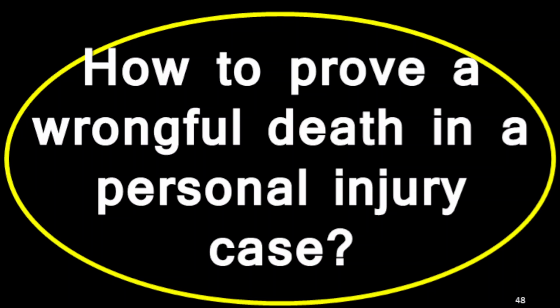Now, the fifth point is prove the damages. In a wrongful death claim, it's important to show the financial and emotional impact the death has had on you and your family.